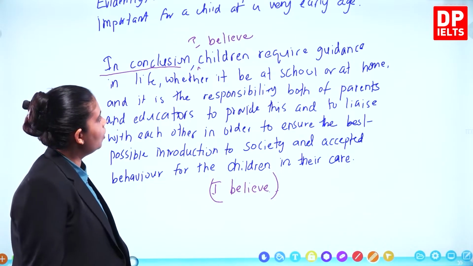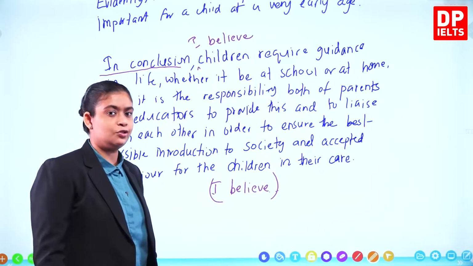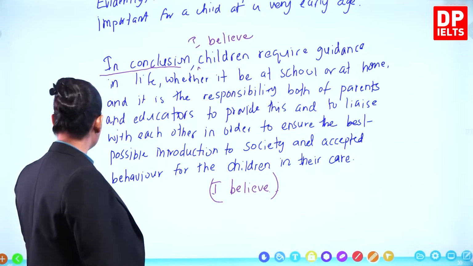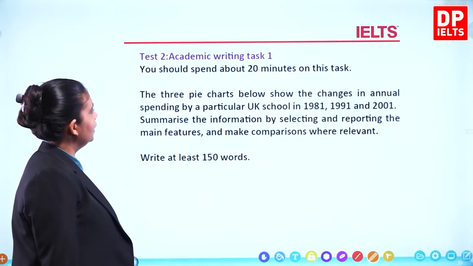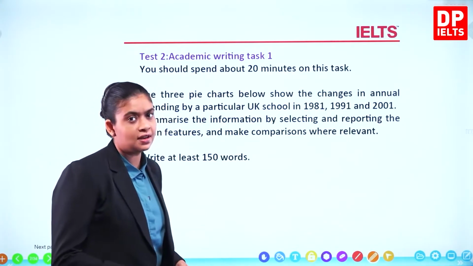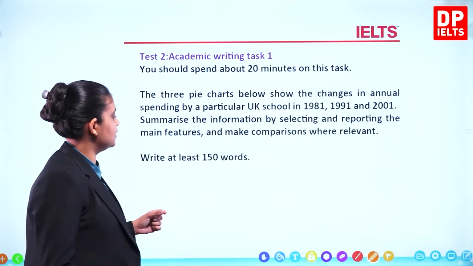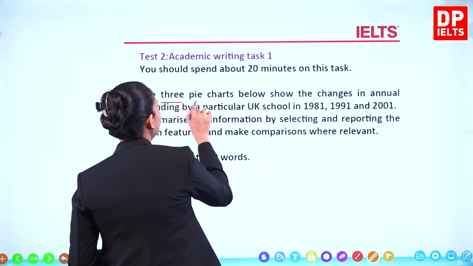Right, all right. So with that, we've completed our task 2. Let's move on to the next task. Now here is test 2, and we're having a look at the first task in test 2. The 3 pie charts. Now we've not got 1, we've got 3.